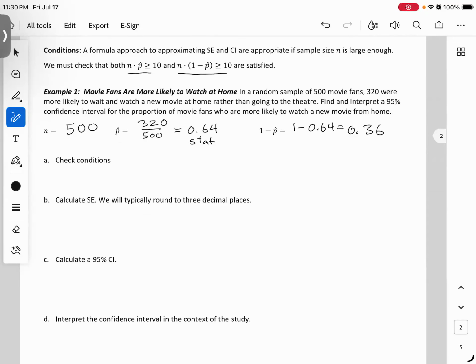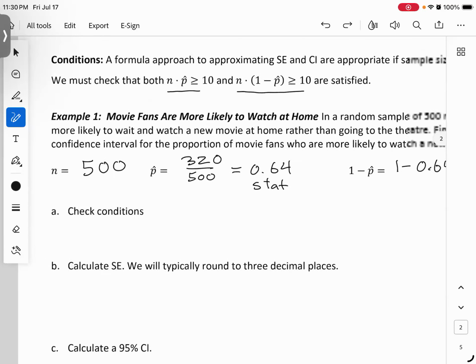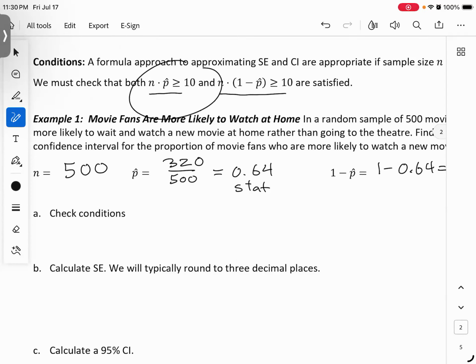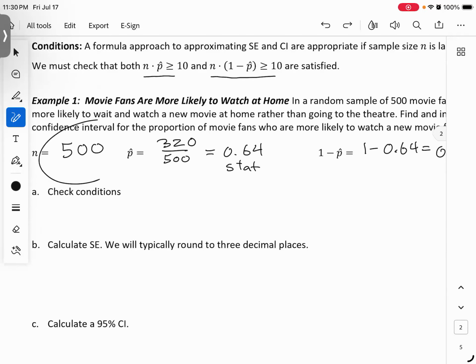Now, for the conditions, the way that I try to keep it simple is that we're checking to make sure that our sample size is large enough so that if we were to bootstrap it, the shape of it would be pretty close to the normal distribution. When they say to check the first condition, that right there that I just circled, that's the sample size n times the statistic, times our p hat, which in other words would be these two multiplied.